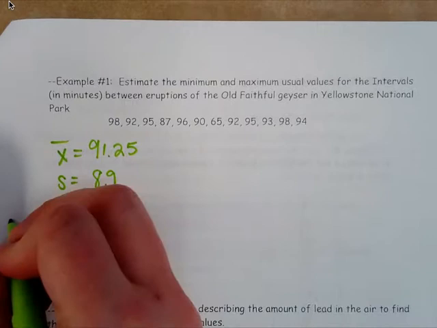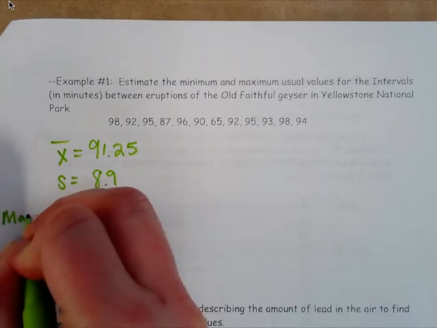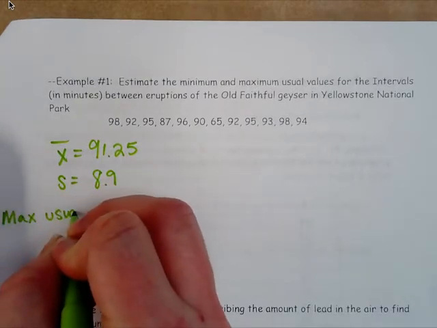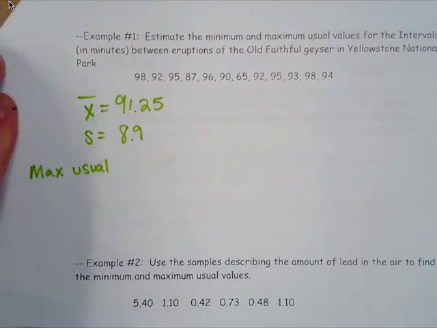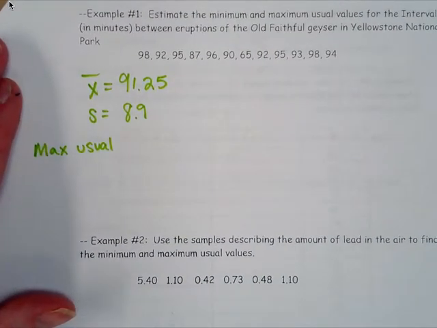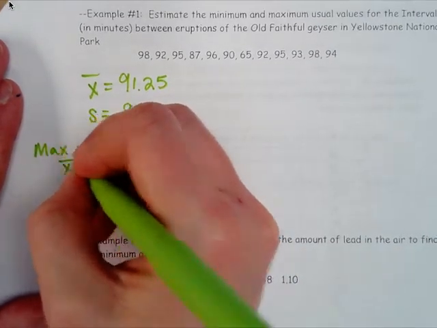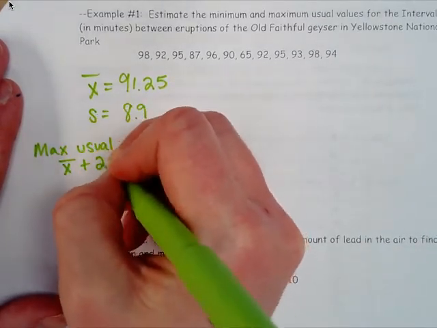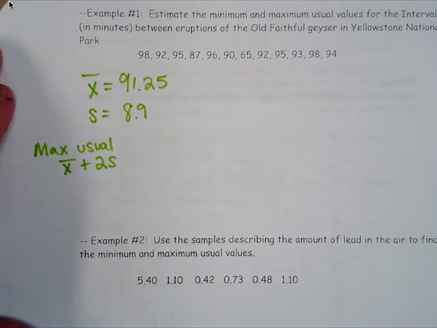So let's find our max usual value. We're going to take X bar and add 2 standard deviations to it.